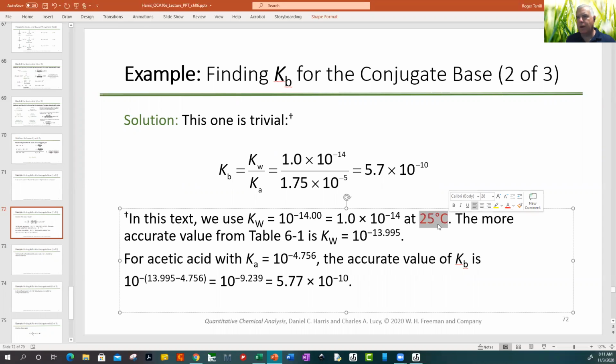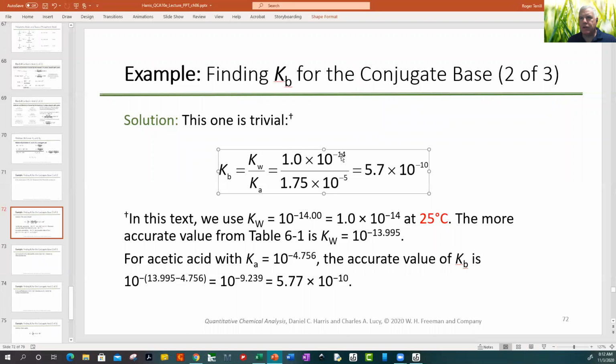I mean, nobody typically is going to do anything at 85 degrees, or it's even really close at, say, 4 degrees C. So you can look up Kw, but for our purposes, let's use 1.0 times 10 to the minus 14, right? Ka is that. So this means this is Kb.